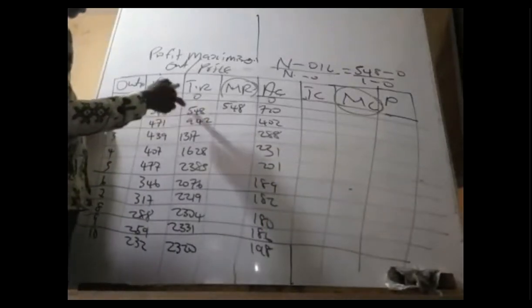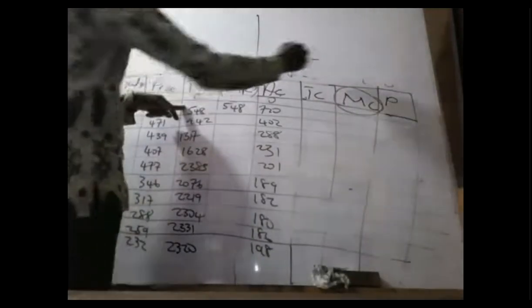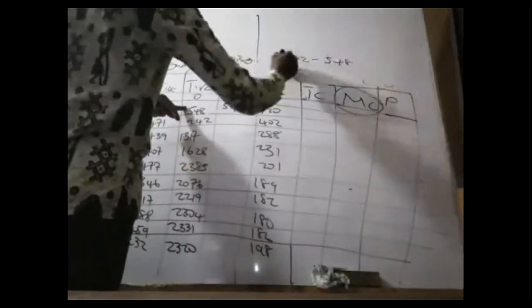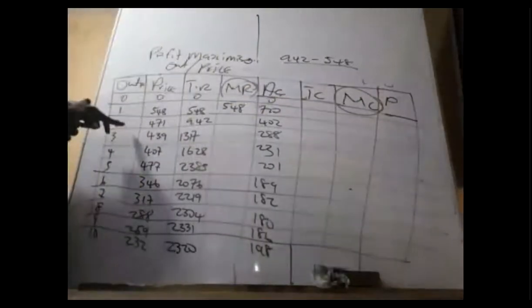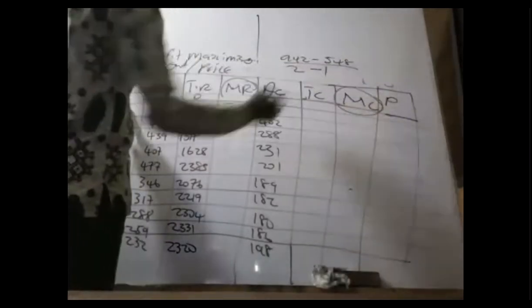This is 942 minus 548, right? The new is 942 minus the old 548, all divided by the new quantity 2 minus the old quantity 1.